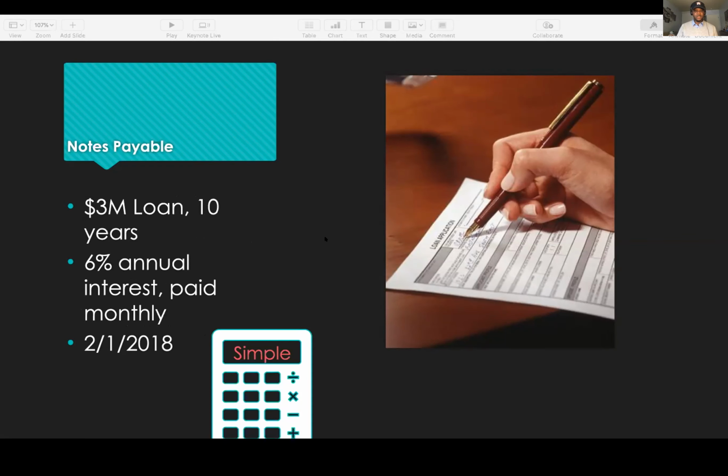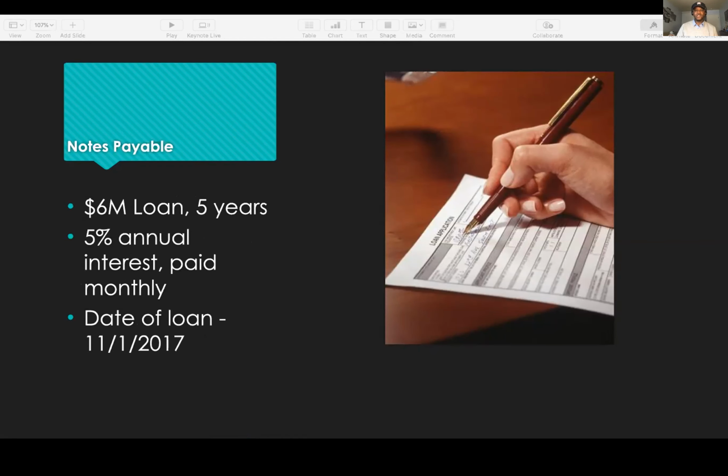Let's say we've got a $6 million loan for 5 years. The interest is paid monthly, and the date of the loan is November 1st of 2017.